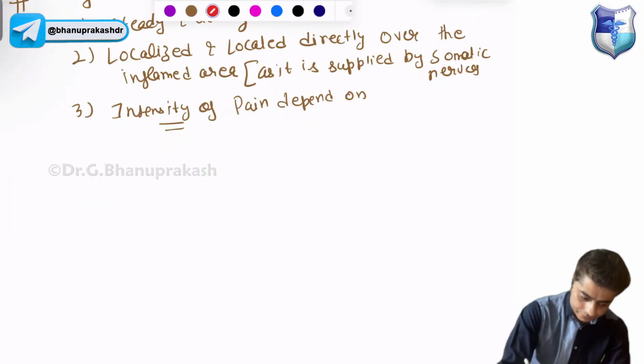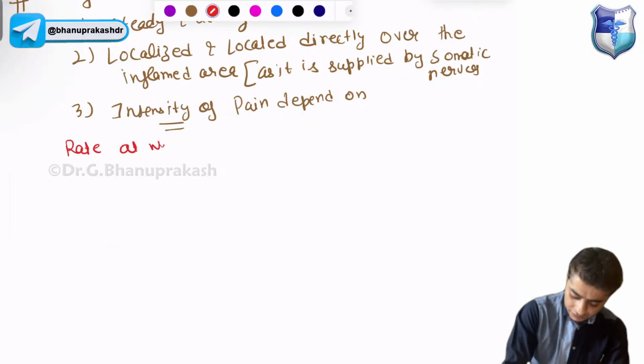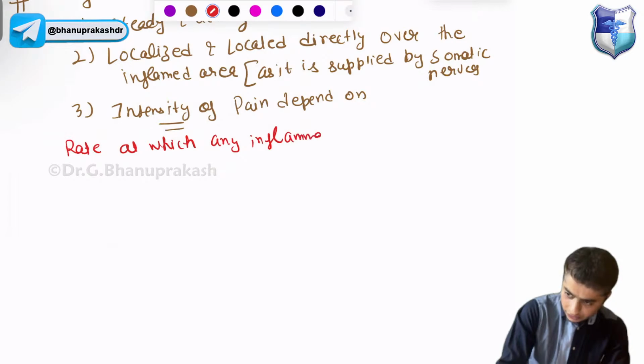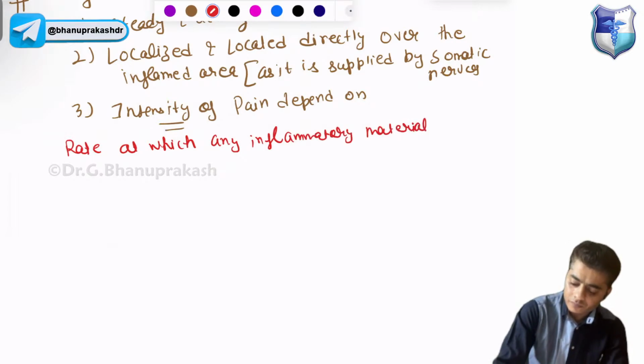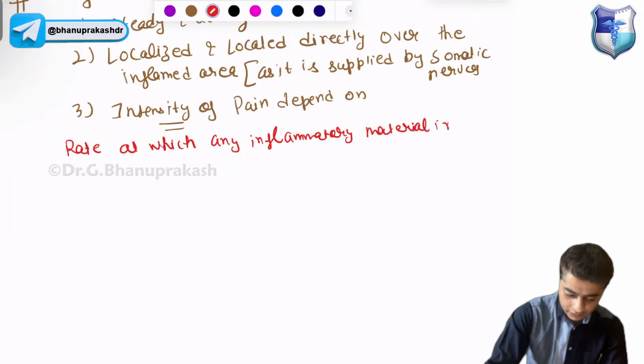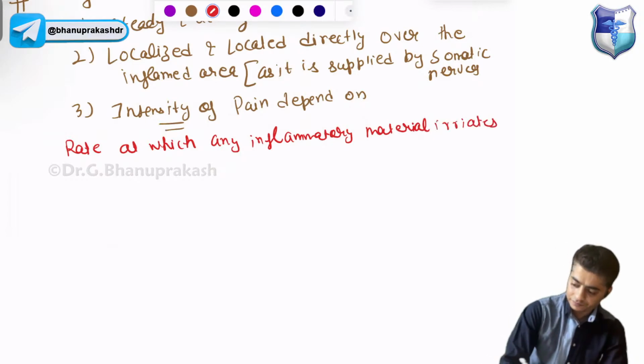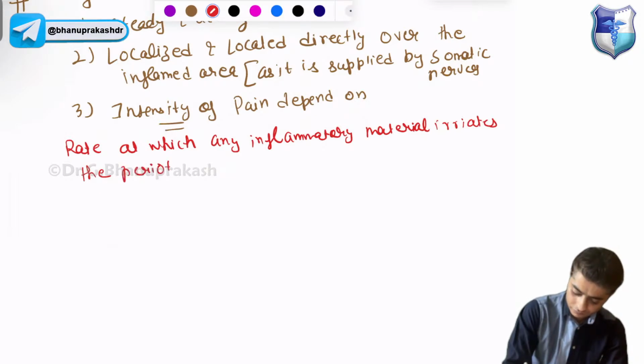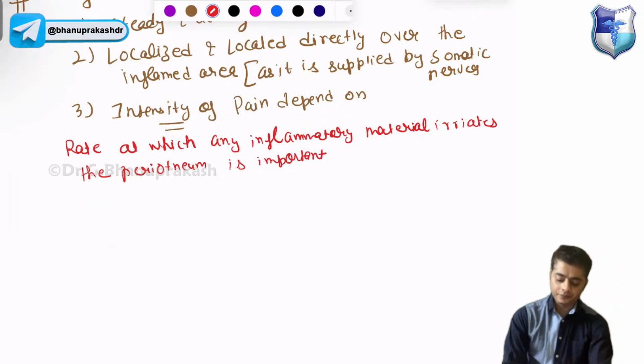These are the rate at which any inflammatory material irritates the peritoneum is important.